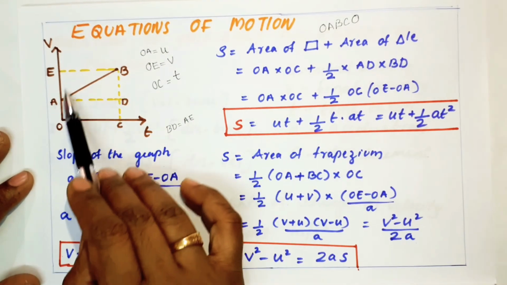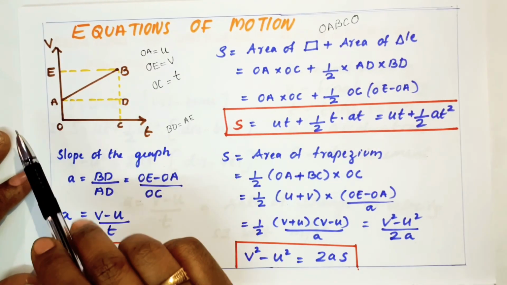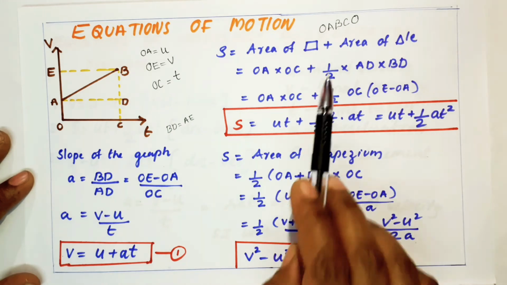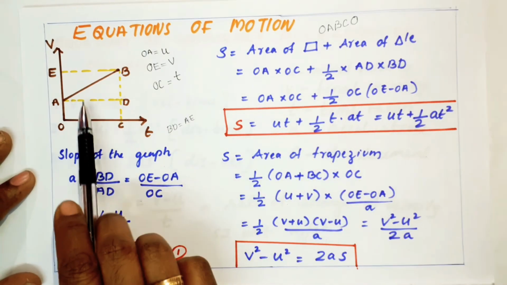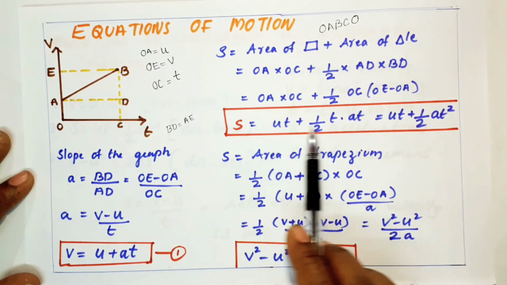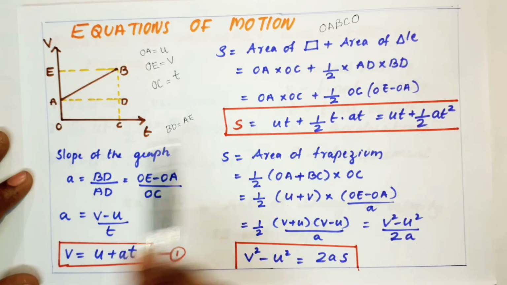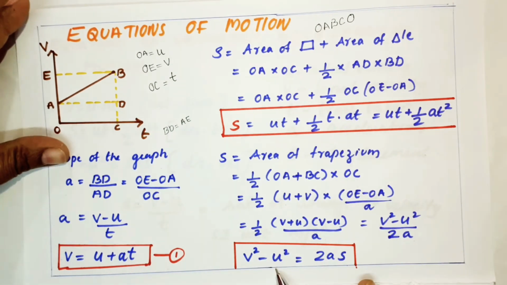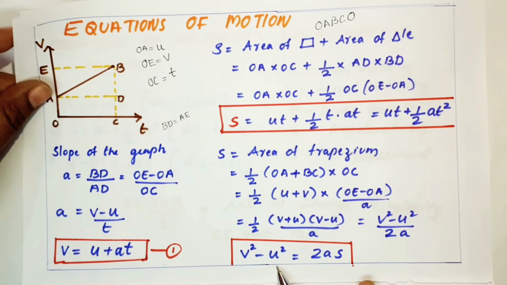In the second part I calculated area of rectangle plus area of triangle. In the third part I did the area of trapezium. In both cases we are substituting from the first equation. So I got the equation v square minus u square is equal to 2as.